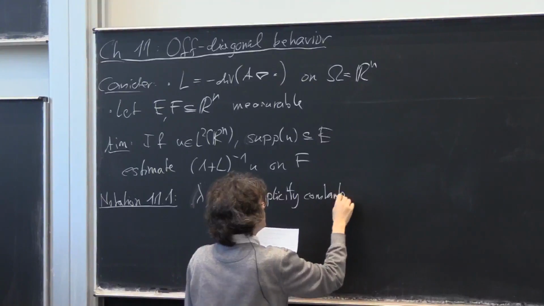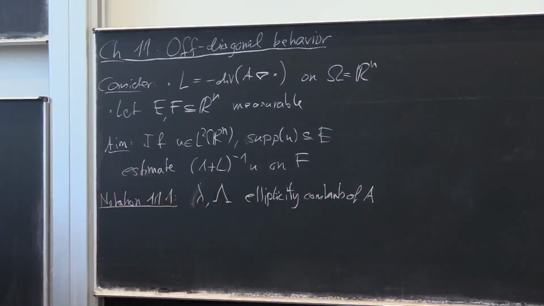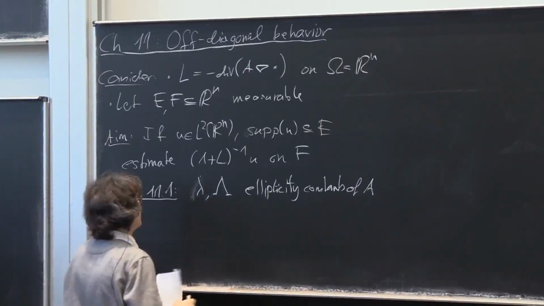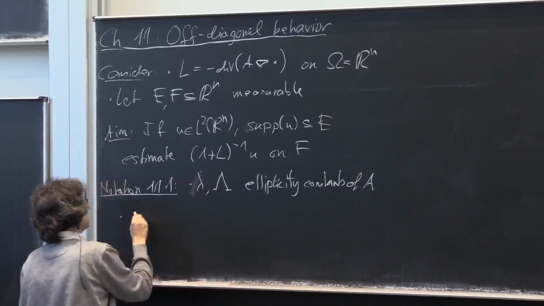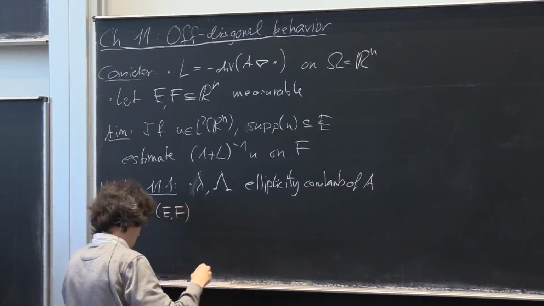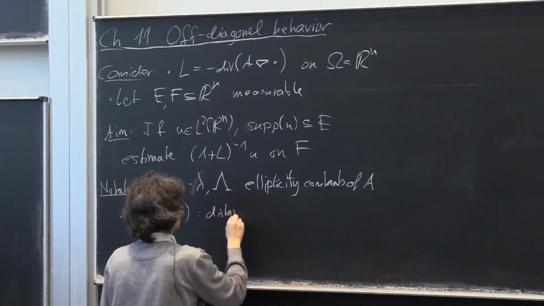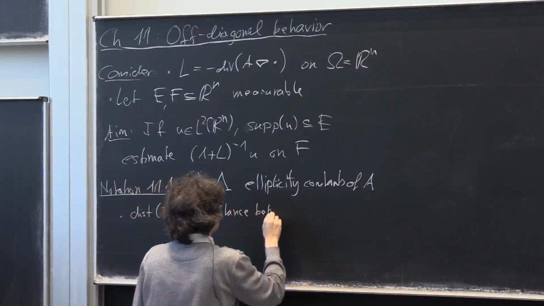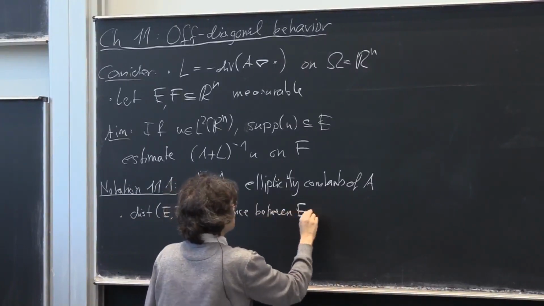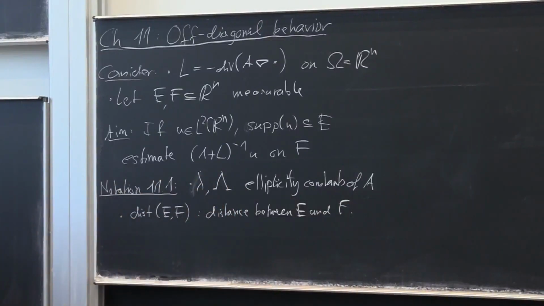Capital lambda is the L infinity bound of the coefficients, and small lambda is the ellipticity bound. Then we will always look at the distance of the sets E and F, and this will be denoted by dist(E,F). This is the Euclidean distance between E and F, and this will play a particularly important role in this lecture.